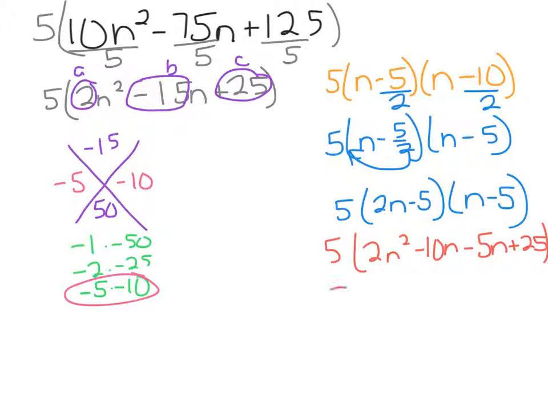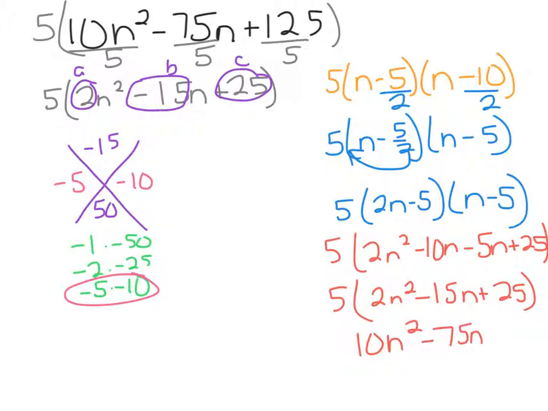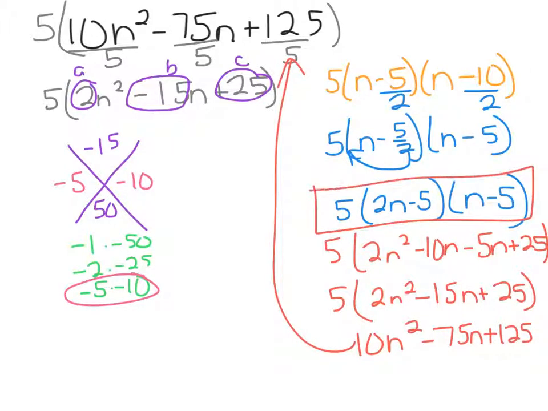Now you can combine the two middle, get 2n squared minus 15n plus 25, and then distribute the 5. 10n squared minus 75n plus 125, which is what we have there. So that is our correct answer.